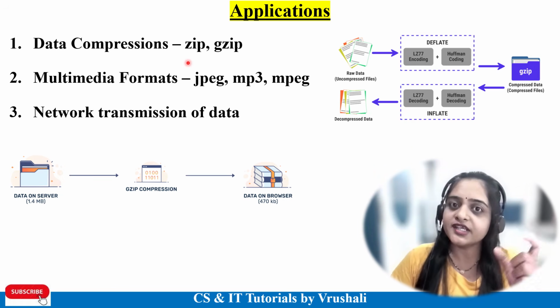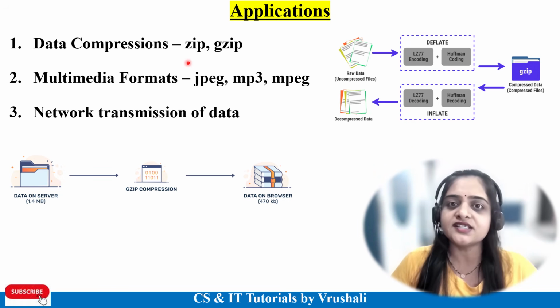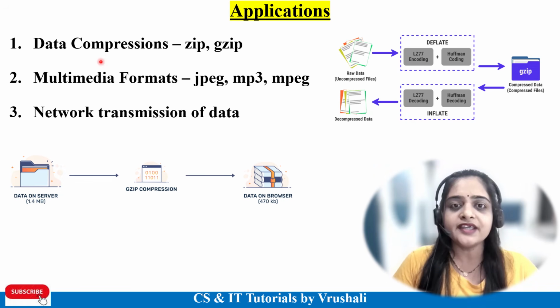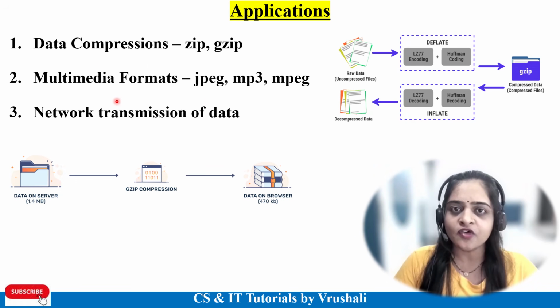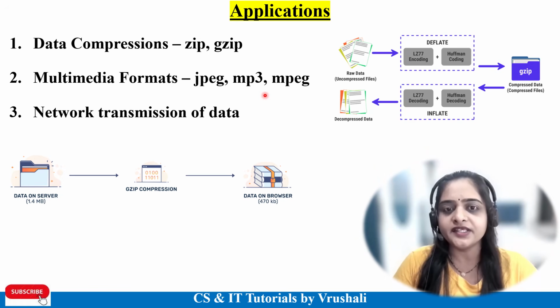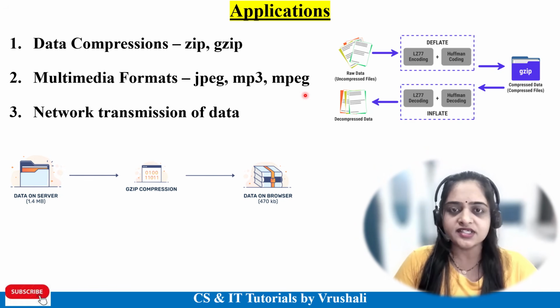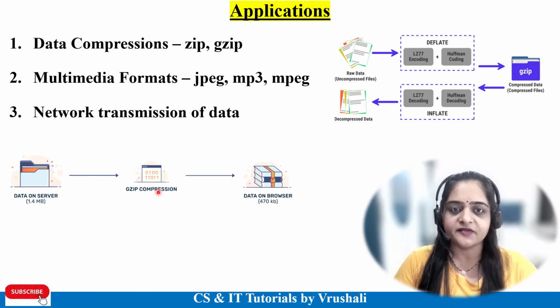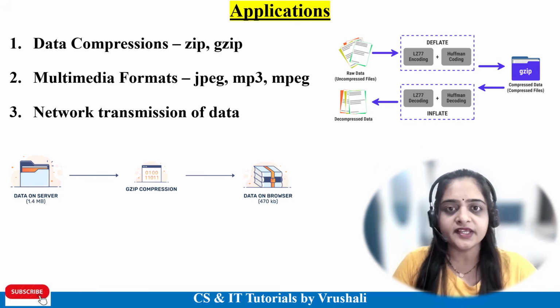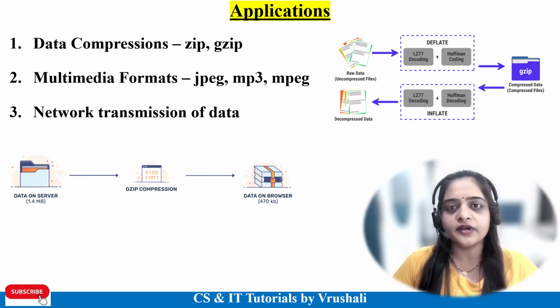So your information is kept as it is, just the size of the folder is reduced. So they use the Huffman coding algorithm. Again, in different multimedia formats like JPG, MP3, MPG, they use this algorithm. Again, in network transmission of data, they use the gzip compression technique. So these are some real life applications where the Huffman coding algorithm is used.